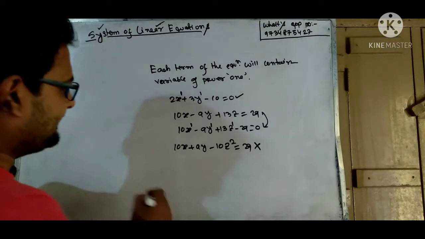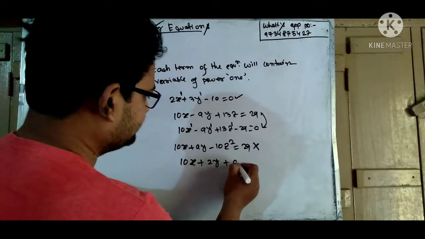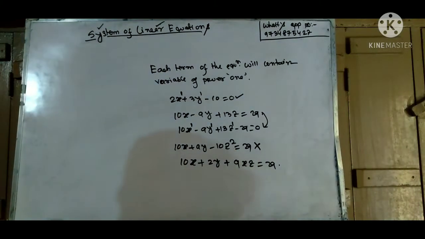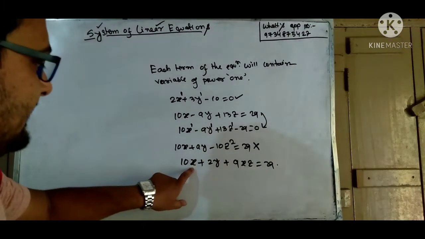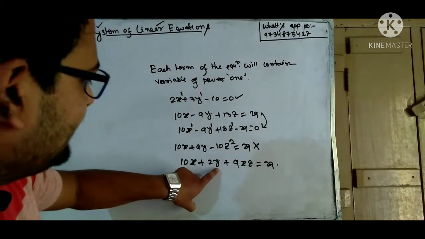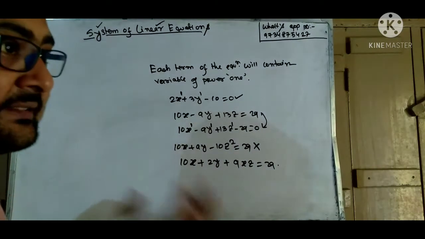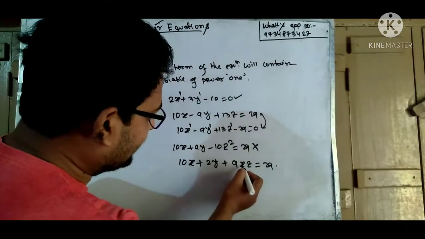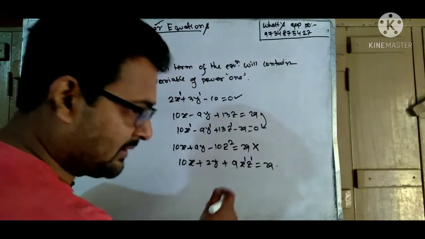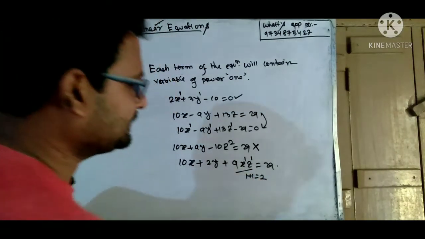Okay. Similarly, for an example, if we take this equation, then in the first term the variable x occurs with power 1, that means x is in linear form. Similarly, y is in linear form. In the third term two variables occur simultaneously. Power of x is 1, power of z is 1. So the power of the variable in the third term is 1 plus 1, that means 2.